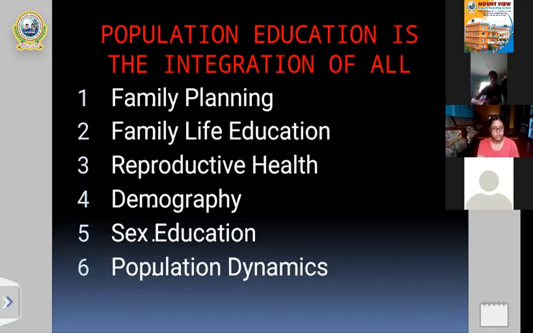To manage the population, to minimize high population growth, to reduce birth rate, family planning is very essential knowledge in our daily life, especially for couples. Parents should be conscious about family planning to control the population, to minimize the high population growth rate, or to make a happy family. So family planning is the first very essential subject matter included in population education.